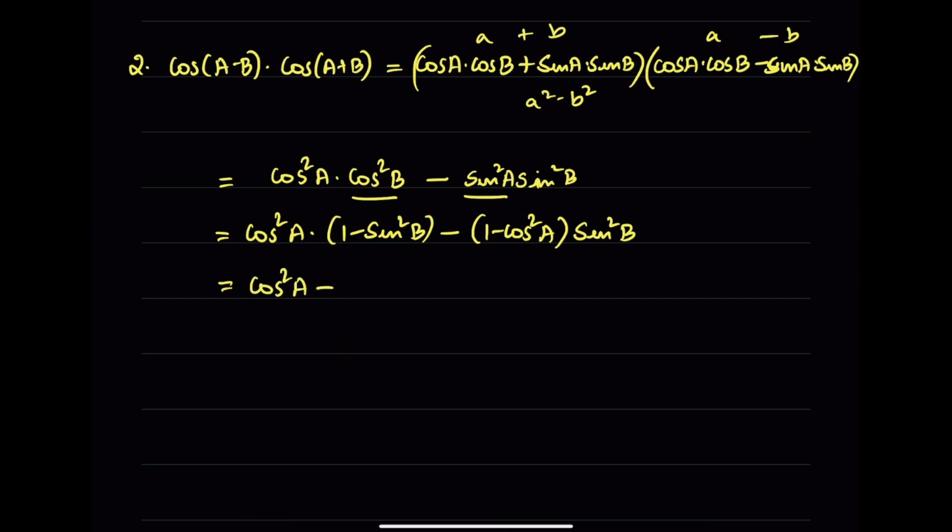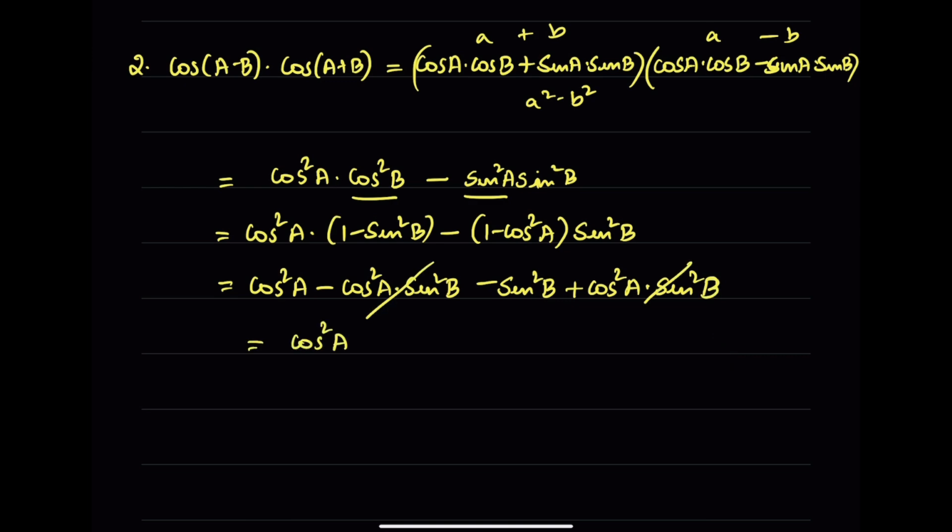We would get cos² a − cos² a sin² b, then minus sin² b plus cos² a sin² b. So we can cancel these terms, and we were able to prove the first part, cos² a − sin² b.